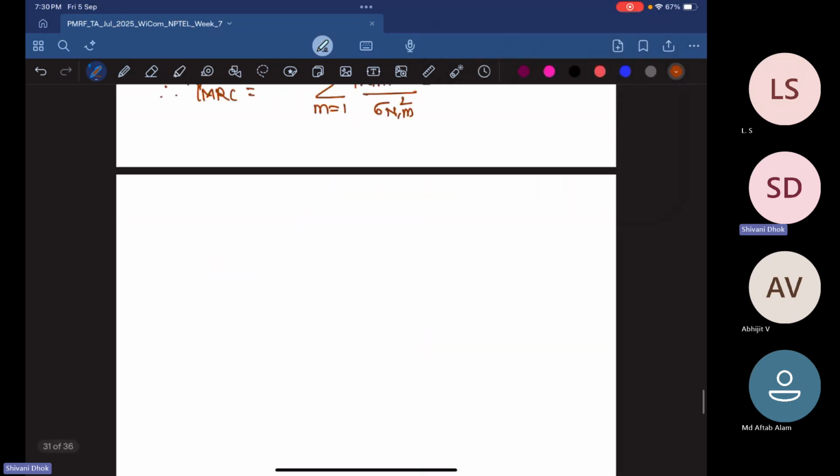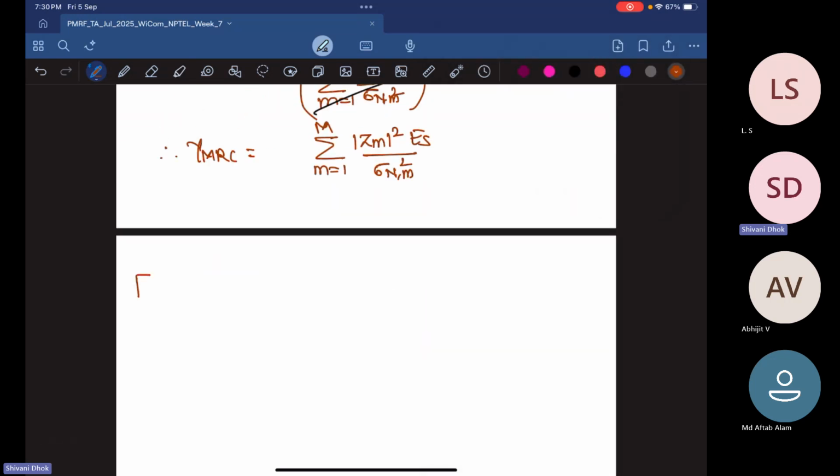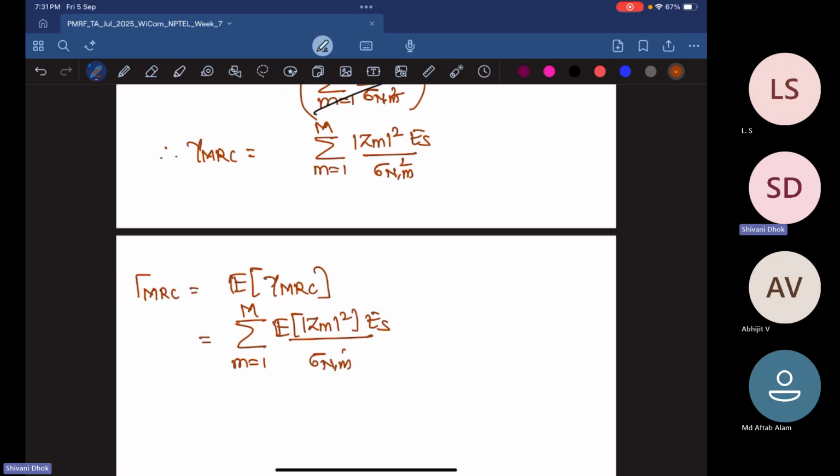Okay, so now what you want to do is find the capital gamma MRC, which is the average of this quantity, that is the average SNR, that is expected value of your gamma MRC, which comes out to be equal to summation m equal to 1 to capital M expectation of magnitude of Zm square into Es upon sigma nm square.